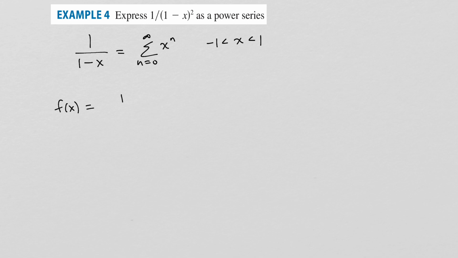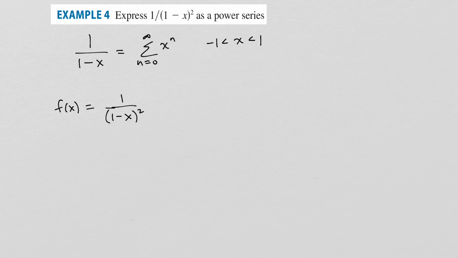Here we wish to express the function 1 over 1 minus x to the second power as a power series. Now let's remind ourselves of the geometric series. And I want you to notice that you really can't get this series here by making a substitution. So the function in question here is 1 over 1 minus x quantity squared, right?